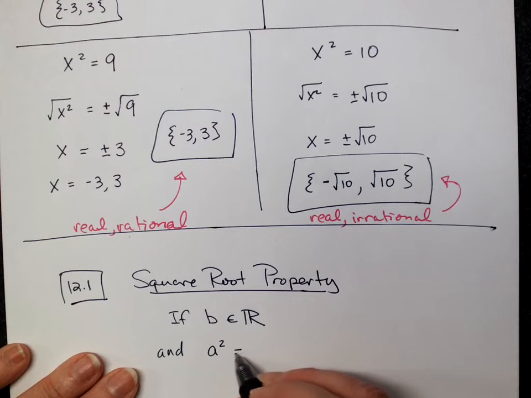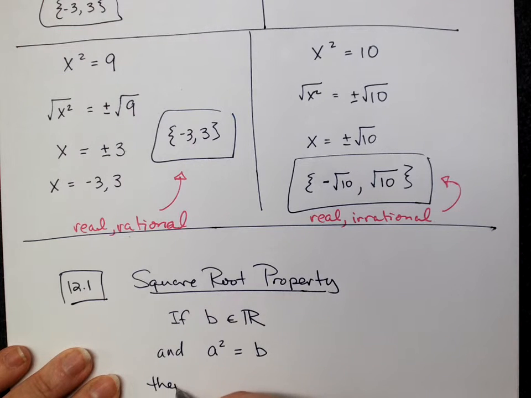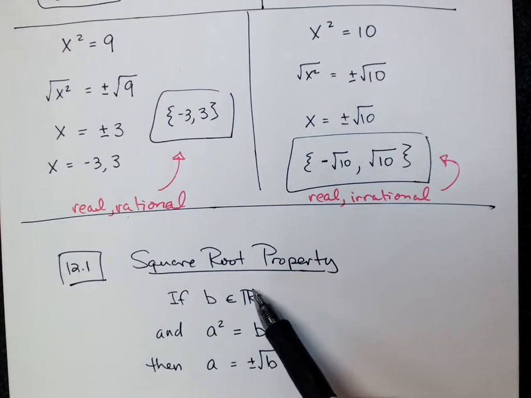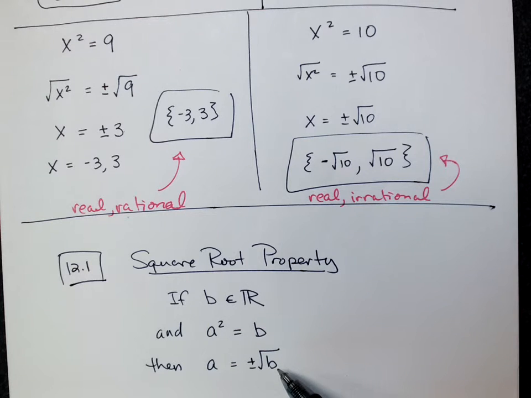Something squared is equal to that real number b. Then you can square root both sides and get a is equal to plus or minus the square root of b. b has to be a real number because you cannot square root an i. You never have an i under a radical sign. Okay? So that's the setup. b has to be a number basically, not an i.